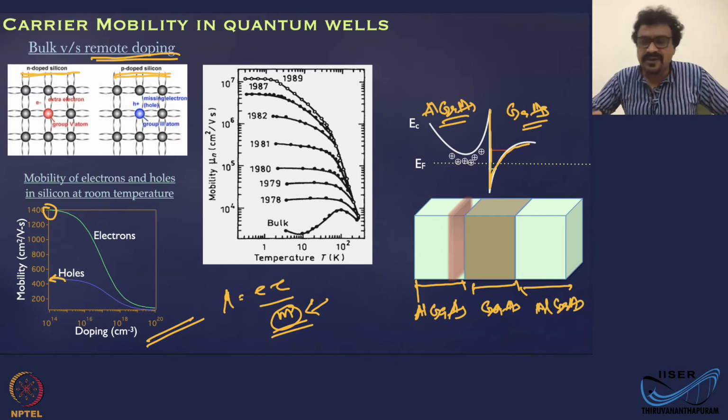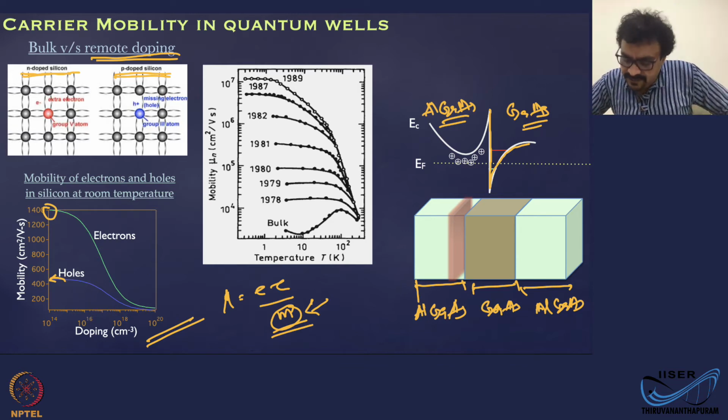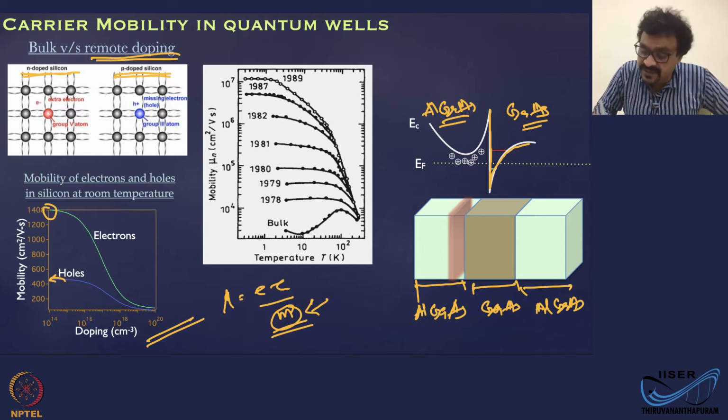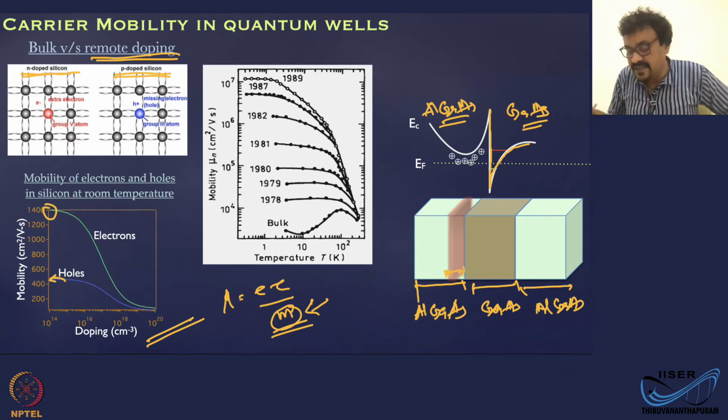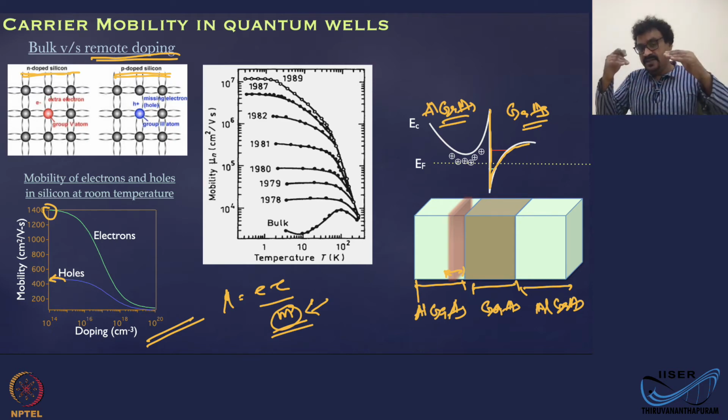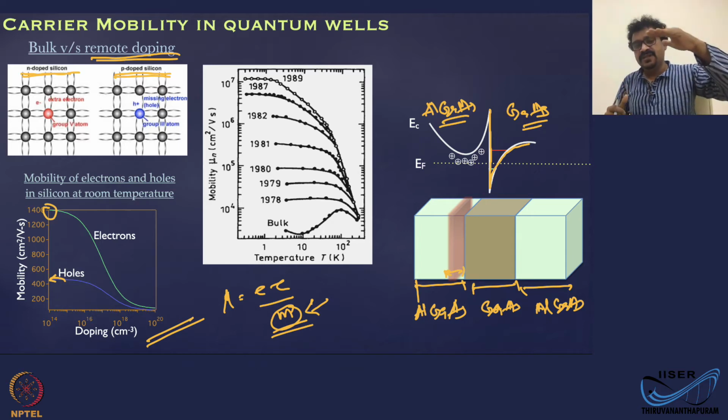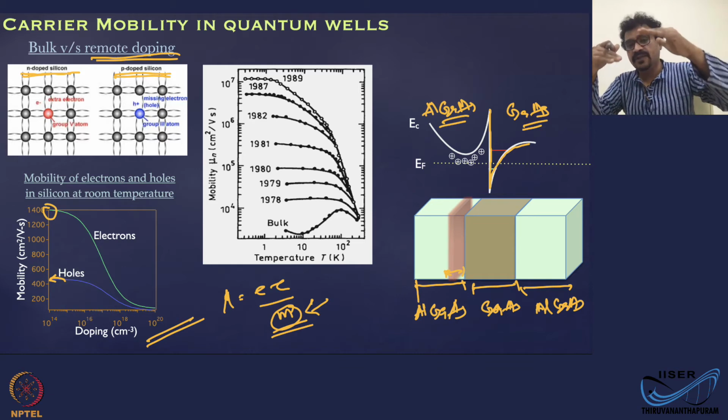That is not relevant for this discussion, but at this interface you get a quantum well, and the carriers for this quantum well are electrons, but they are generated by dopants which are sitting somewhere else at a certain distance away from the quantum well. So what happens is, if you remember the band structure, the conduction band of aluminum gallium arsenide is above that of gallium arsenide.